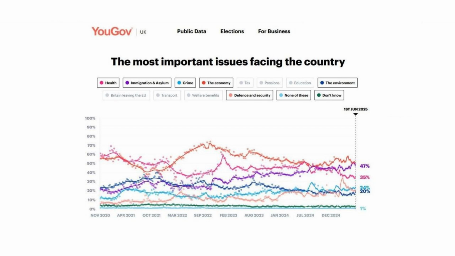YouGov polling on the importance of national issues such as the economy, NHS, and immigration doesn't even give it as an option. Parties supporting PR avoid being excessively associated with it, so they're not seen as out of touch, which in turn limits the attention the issue gets and the popularity of any mandate for reform that might be won.